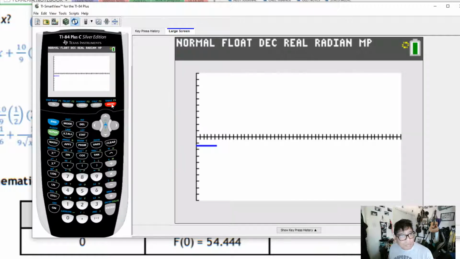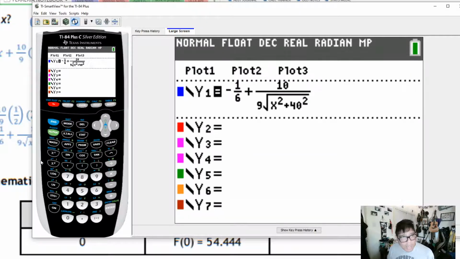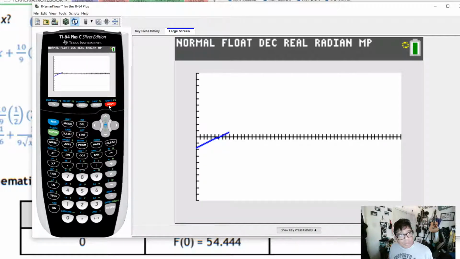Let's see what we have. Okay, negative derivatives. Well, that looks kind of odd. And you were probably yelling at me earlier because I forgot to put the x in the numerator of this fraction. Okay, well, that probably did it. Let's see if that changed things. Okay, let's graph this now. And, oh, boom, there we go.